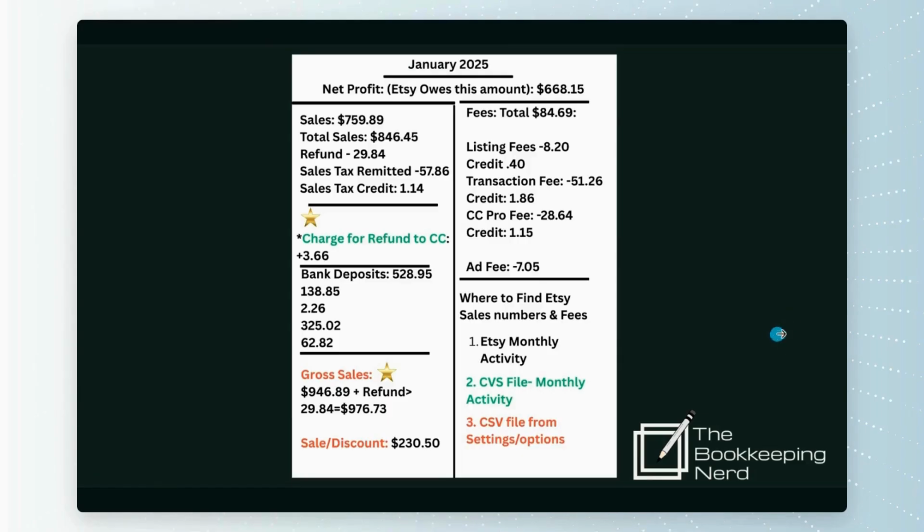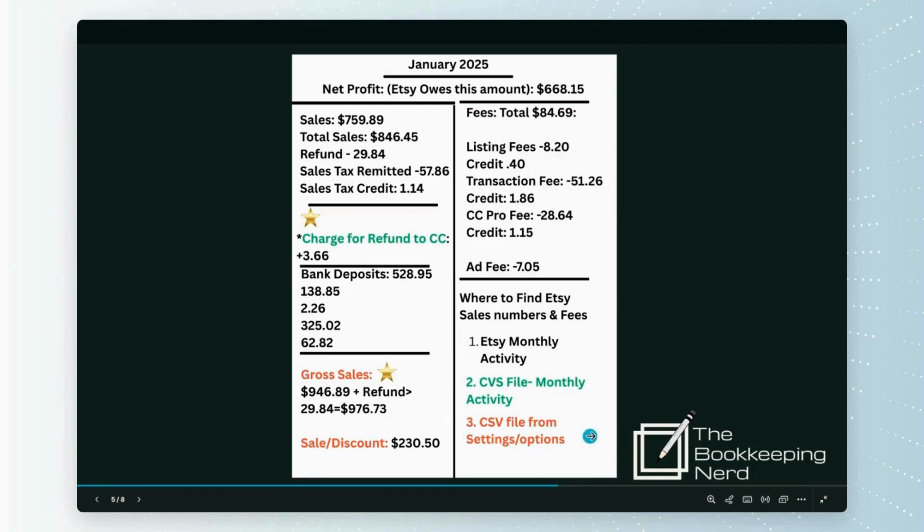So here is a list of all those numbers. The numbers in black are the monthly activity, fees, ad fees. The numbers in green are from the CSV file from the monthly activity. The only thing that was not in the monthly activity listed in black was the charge for the refund to the credit card. So that's why we look at all 3 of these.